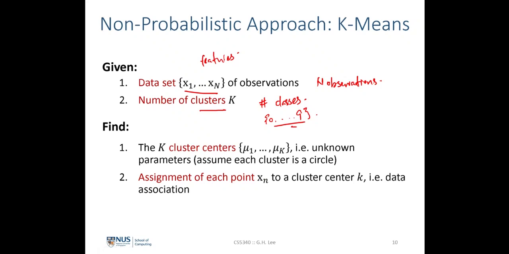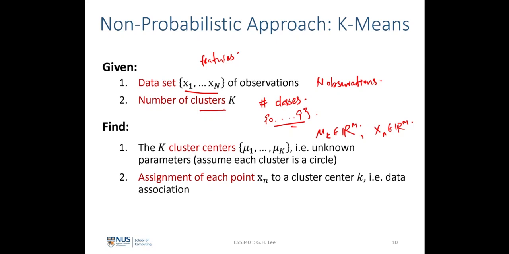And the problem here is that we want to find the k cluster centers, which we denote as mu1 to mu k. Each one of these mu k is in the same dimensional space as our data. Let me generalize this to m dimensions: each mu would be in the m-dimensional space, and x also has to be in the same space. This is an unknown which we want to characterize.